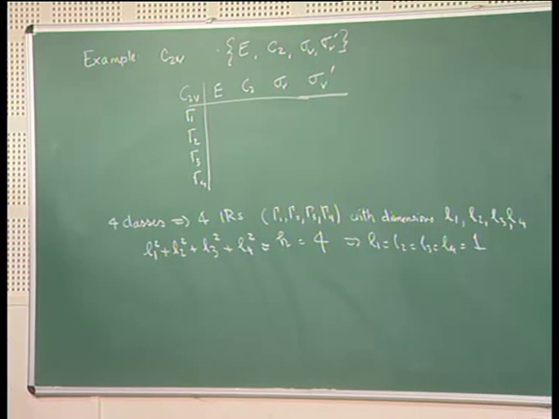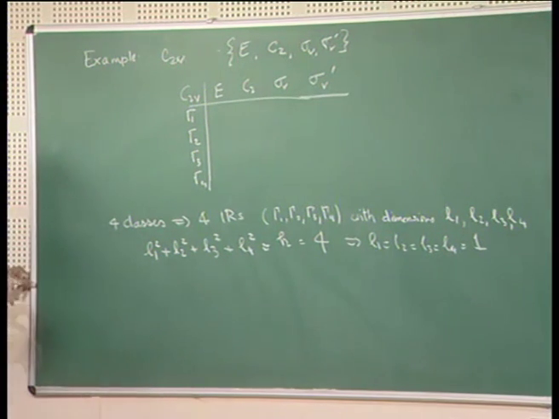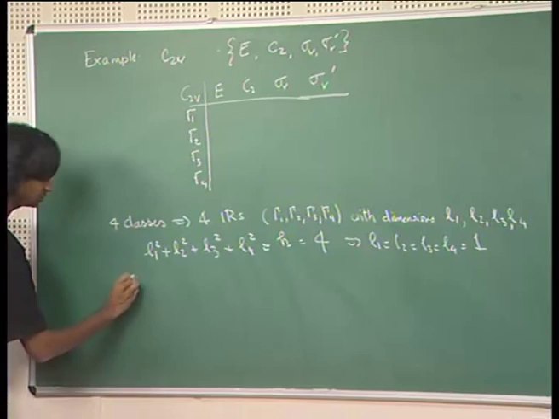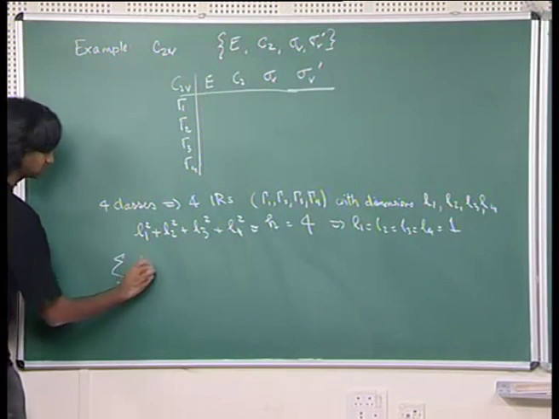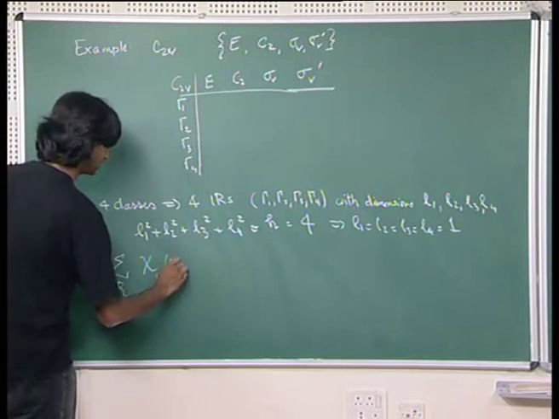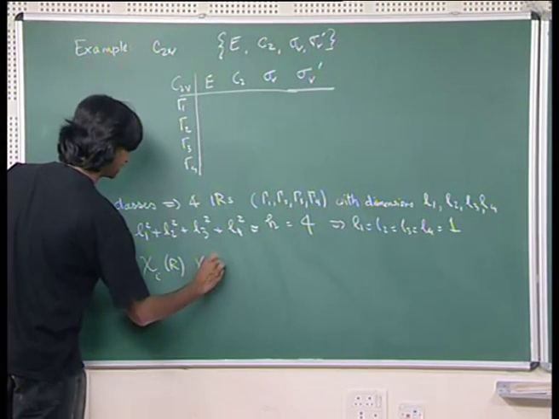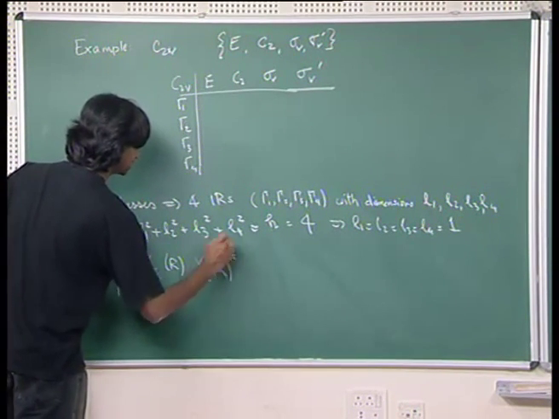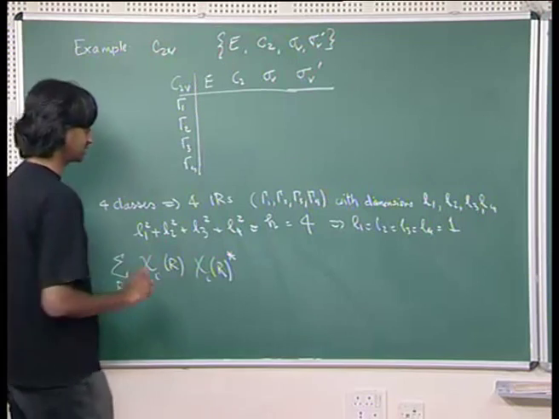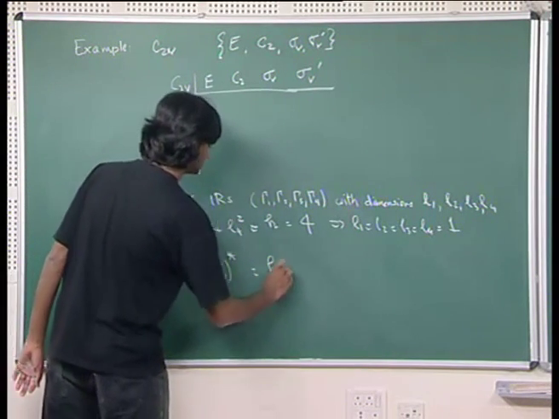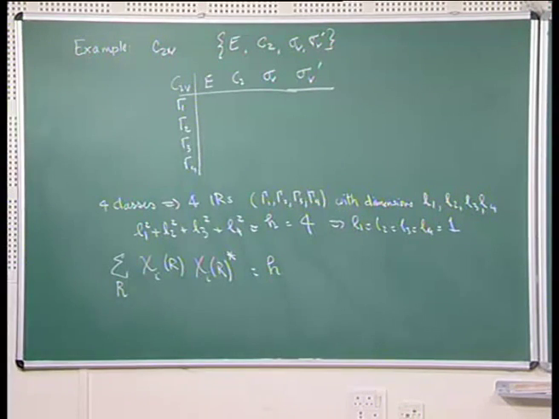Then we can use the relation that the sum over all operations of chi I of R, star, the sum of the traces has to be equal to H, equal to 4.